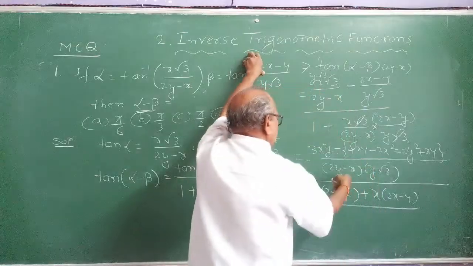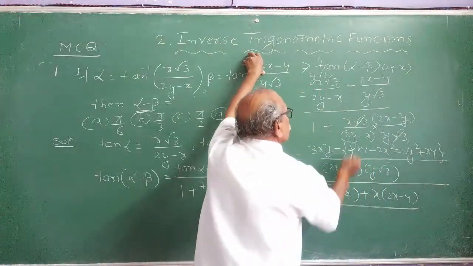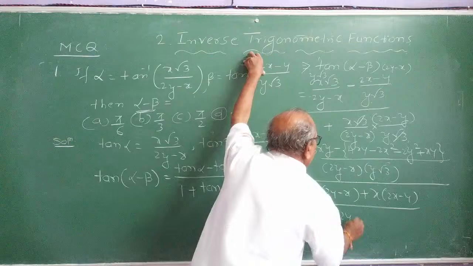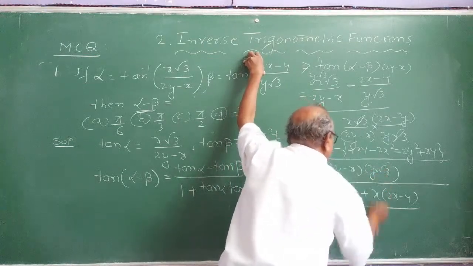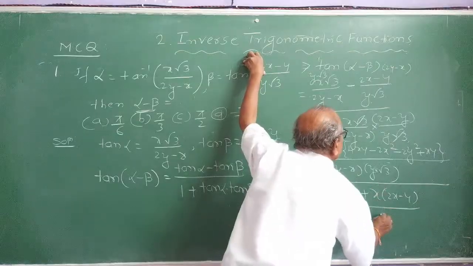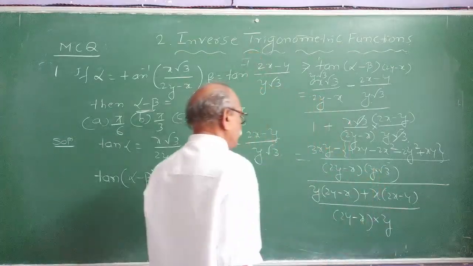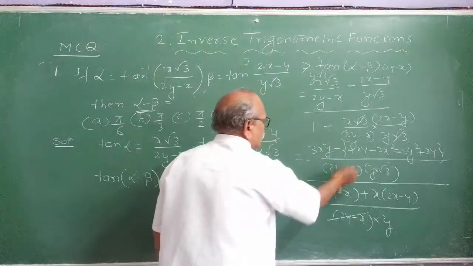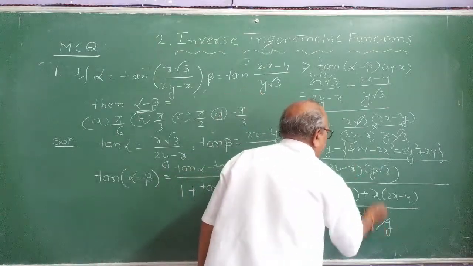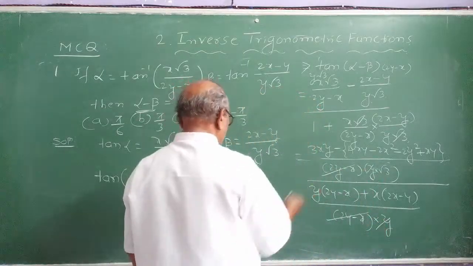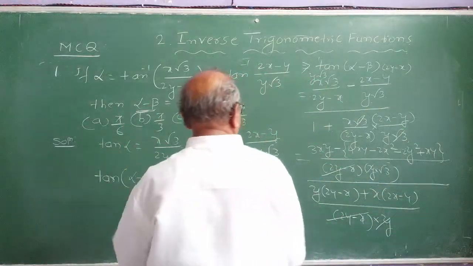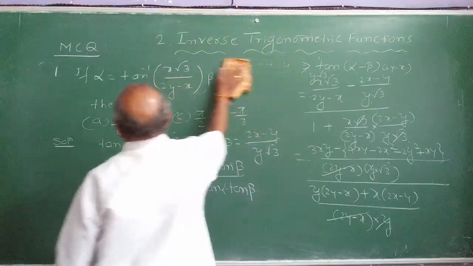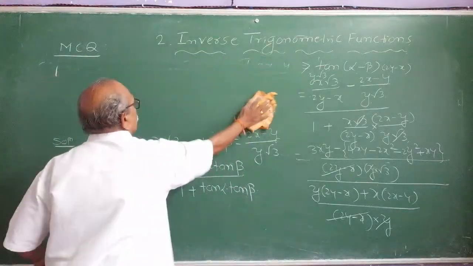Now you are left in the denominator with 2y minus x into y. You can cancel 2y minus x and y here. Check what you are left with in the numerator. I hope you have noted this question. I will rub this part because it requires a place here.